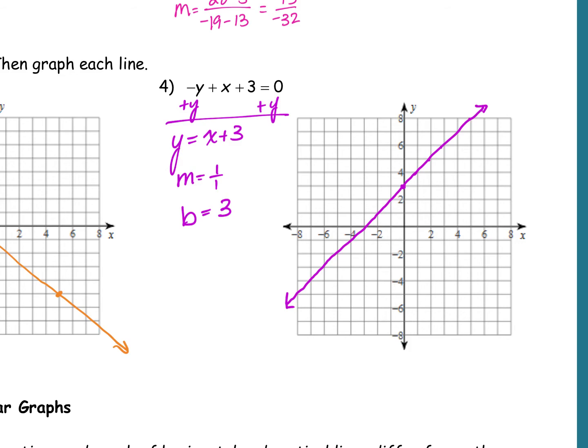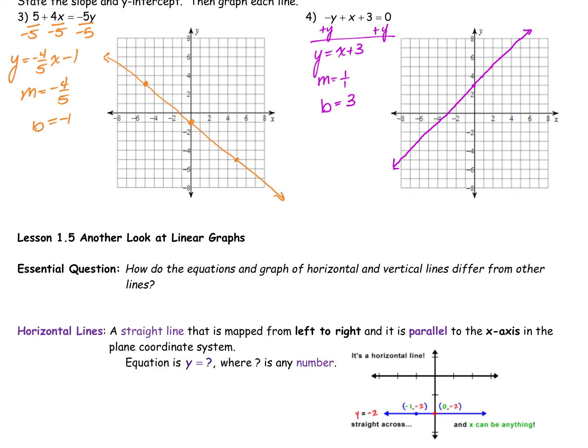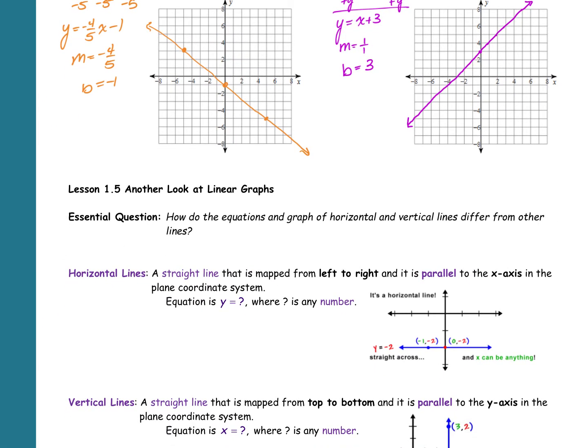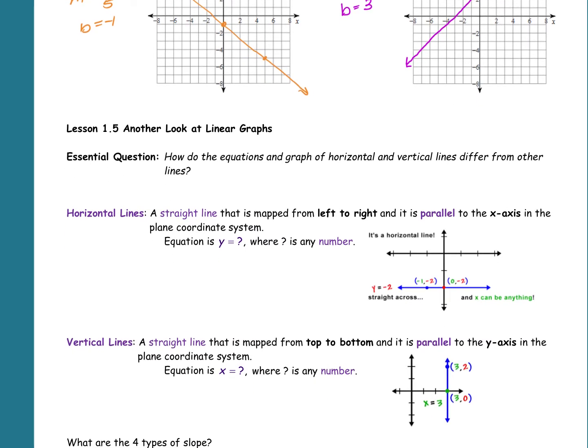Okay. So today we're going to talk mostly about horizontal and vertical lines, and how to graph them and how they're different from other lines, okay? So a horizontal line is a straight line that is mapped from left to right and is parallel to the x-axis in the coordinate plane. The equation is y equals some number.